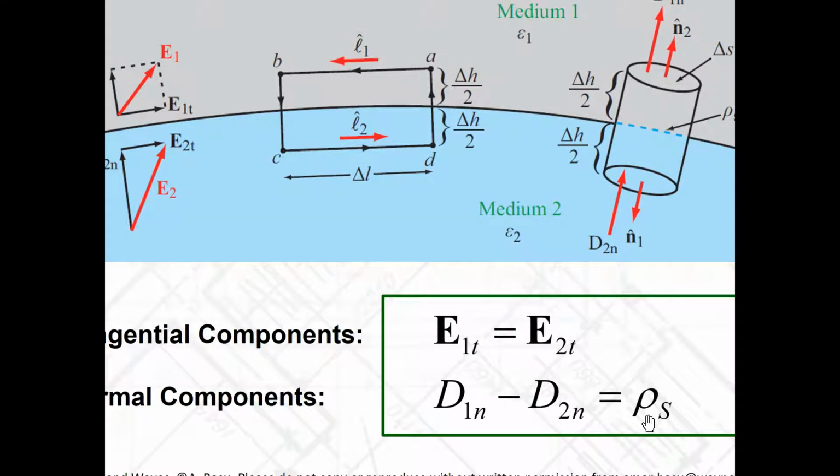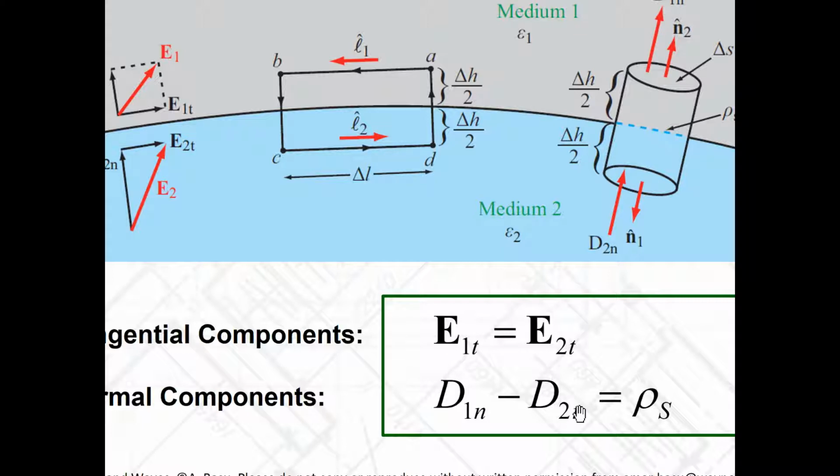First of all, the difference is that instead of E's, now we're talking about D's. What's the relationship between E and D? E and D are very similar to each other. E is the electric field. What is D? Displacement field.